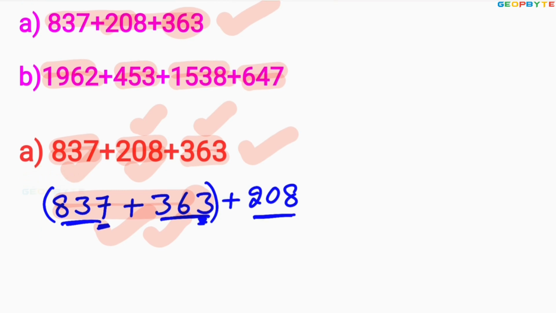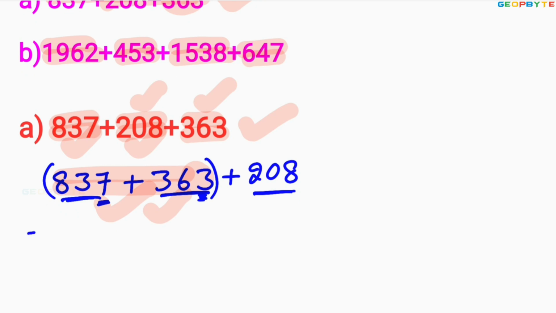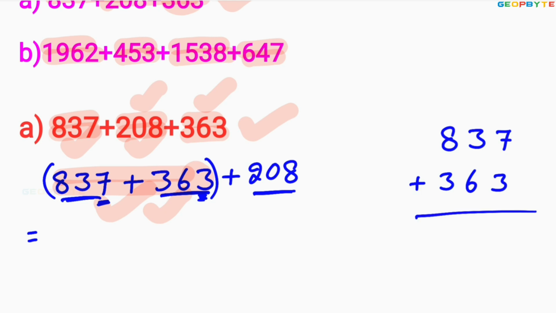Now first let us add 837 and 363. What is 7 plus 3? 10. Write 0 here, 1 carry forward. Add 1, 3, 6: 1 plus 3 is 4, plus 6 is 10. 0, 1 carry forward.